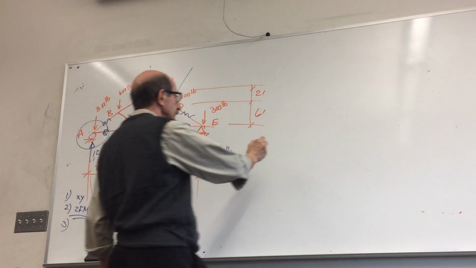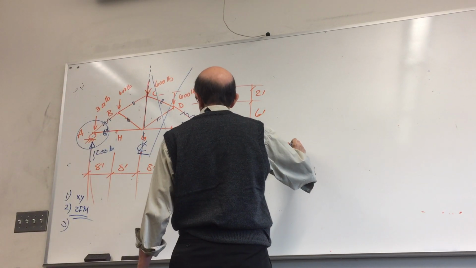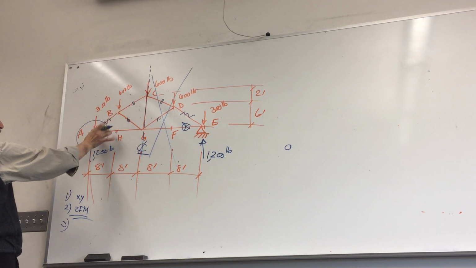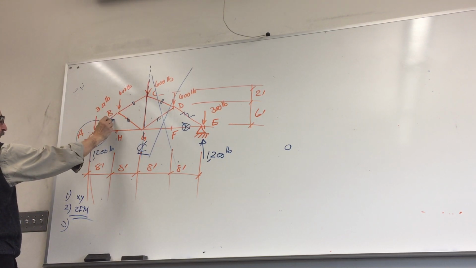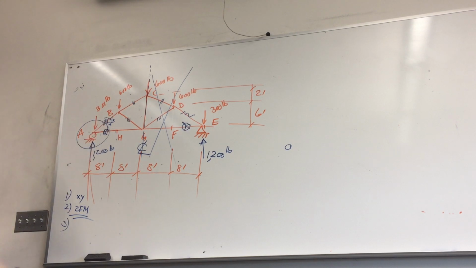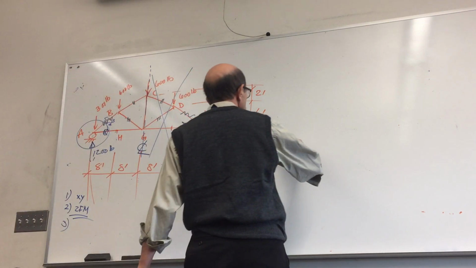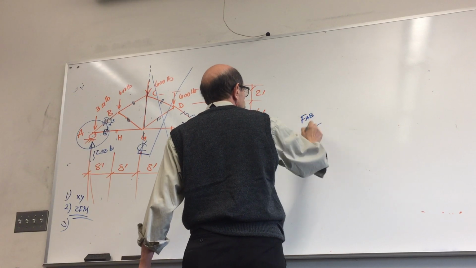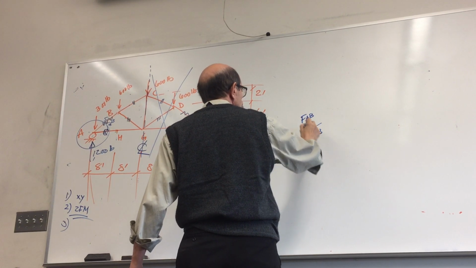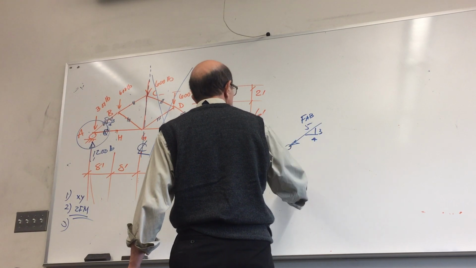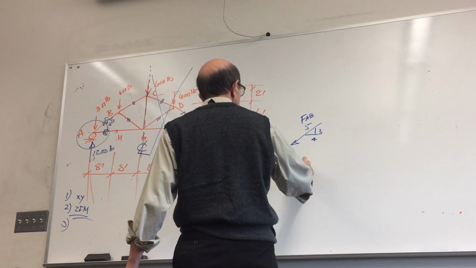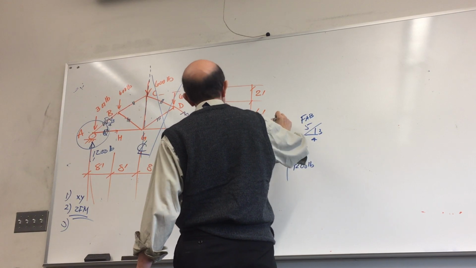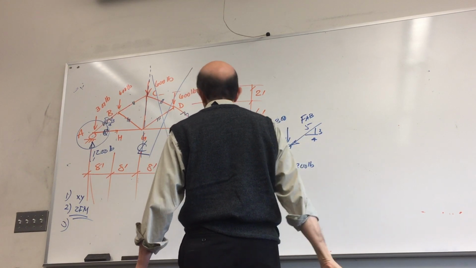So let's consider the free body diagram A, and let's see what these slopes are. This is 6, this is 8, or 3 and 4. So this is 5. So AB, assuming force of AB is like that, this is 3, this is 4, this is 5, this is 1,200 pounds, and then this is 300 pounds.